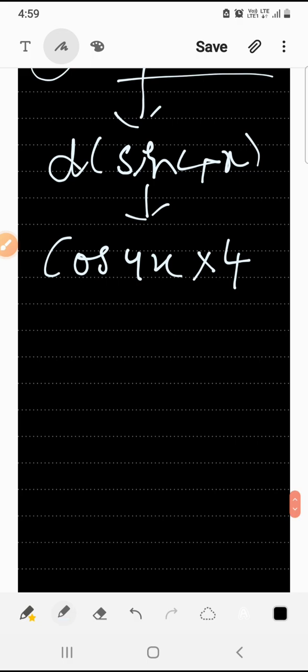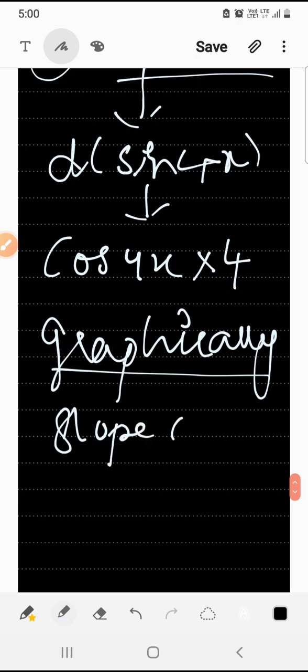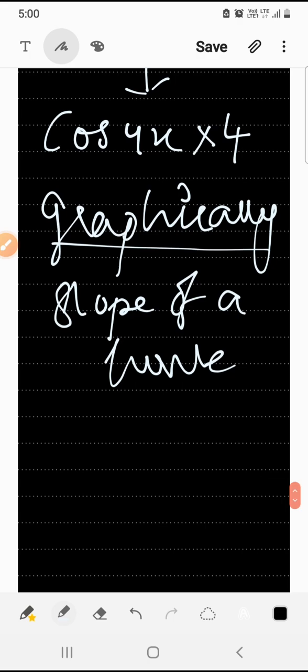This is called the differentiation rule, and graphically differentiation represents the slope of a curve. So the slope of a curve is the derivative, and tan theta is equal to dy by dx.